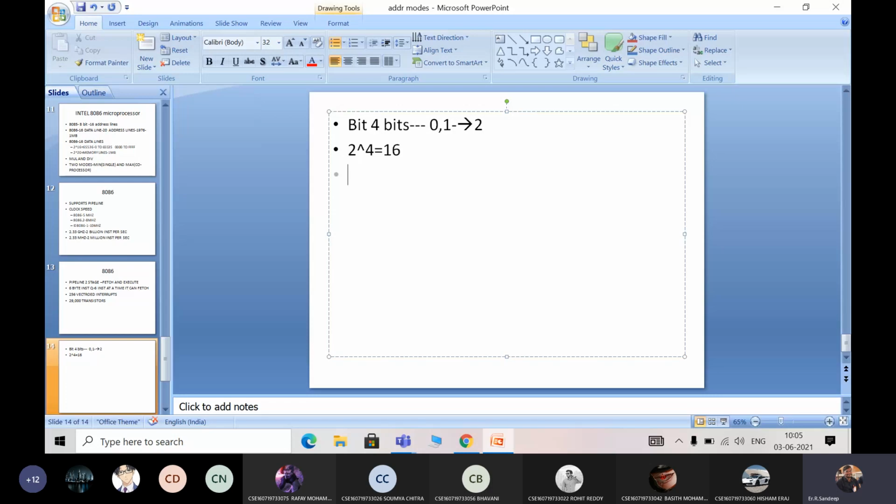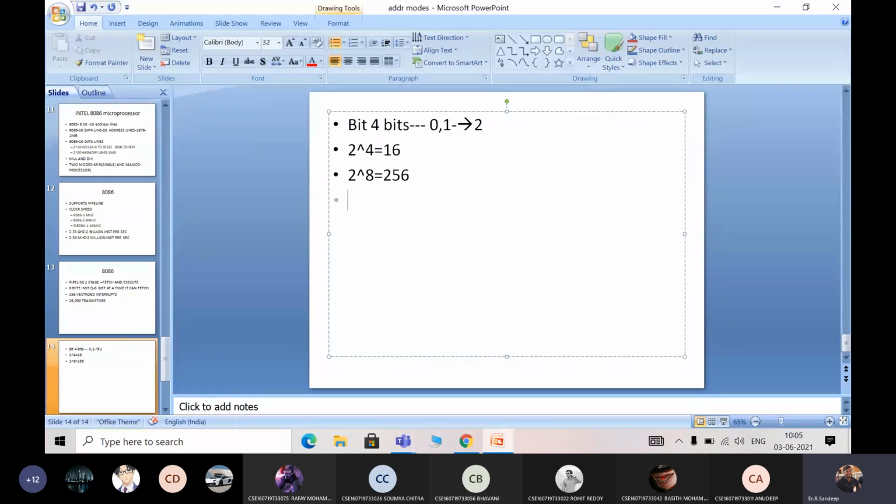Suppose you are taking an 8-bit microprocessor, so 2 power 8. Calculate and tell me the value. It is 256. So 2 power 8 is 256.